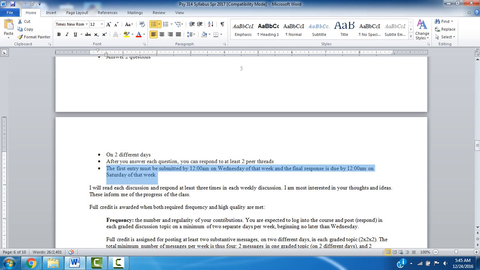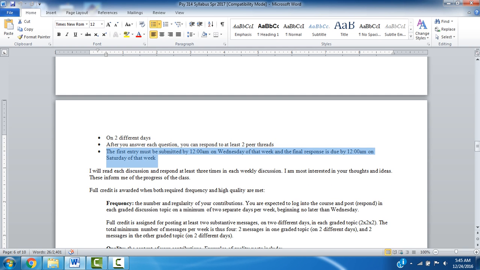So if you look at the syllabus, it says think of it in terms of 2 by 2 by 2. The first 2 refers to answering the first 2 questions by Wednesday morning. The second 2 means that you have to go online twice a week at minimum. Most students go more than twice a week.